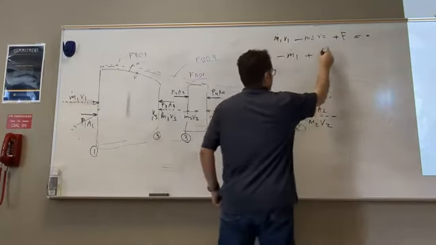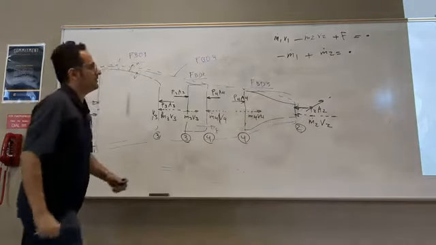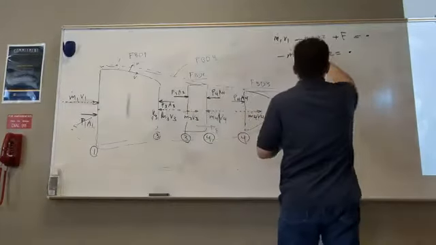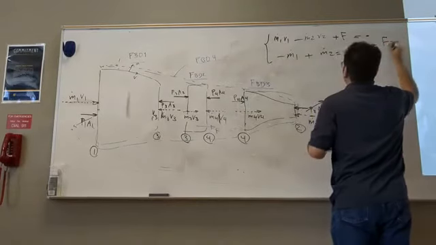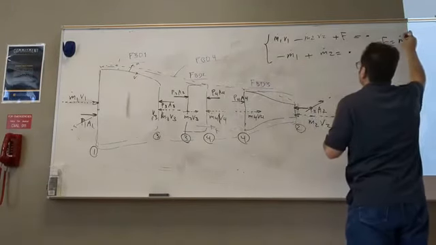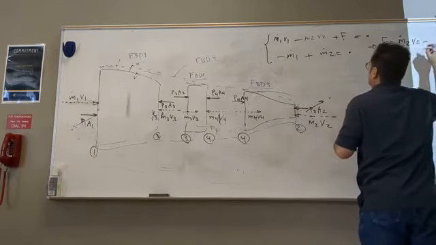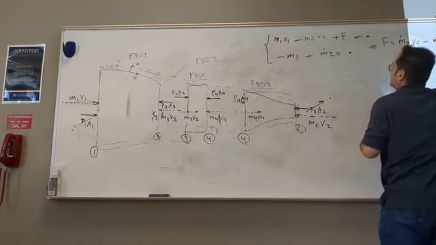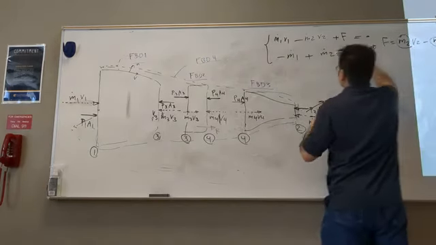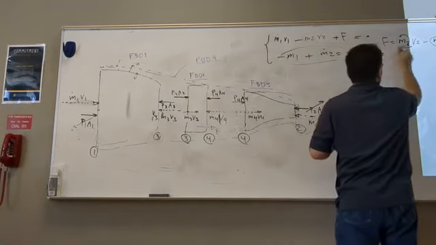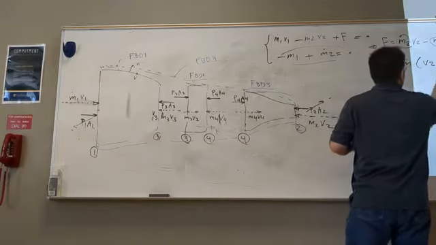Plus m dot 2 equals 0. That means these two m dots are the same. So you can solve this for F: F is equal to m dot 2 V2 minus m dot 1 V1. Because these two are the same according to the continuity equation, F is equal to m dot, call it m dot, times (V2 minus V1).